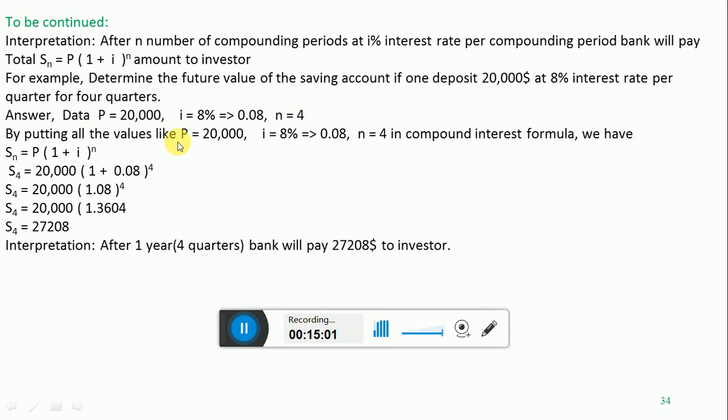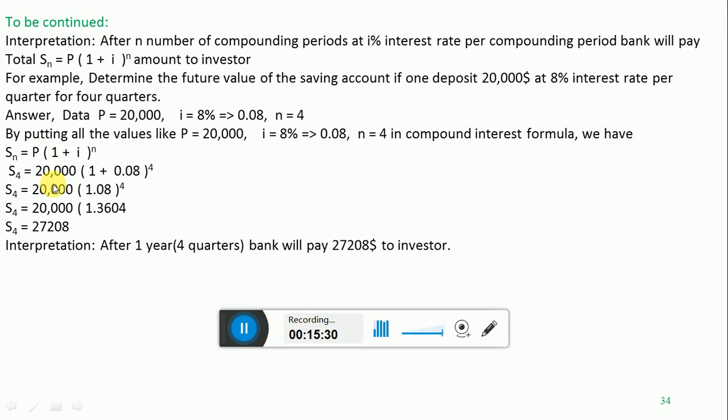Now by putting all these values, P $20,000, interest 8% per quarter, and 4 quarters, in the compound interest formula, we have Sn equal to P multiplied by (1 plus i) raised to the power n. Now n is 4, so this is S4, the accumulated amount in the account after 4 quarters.